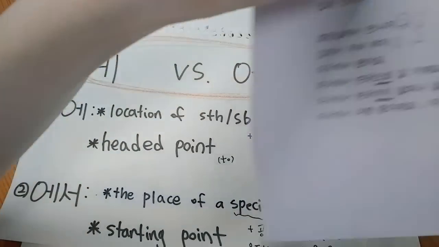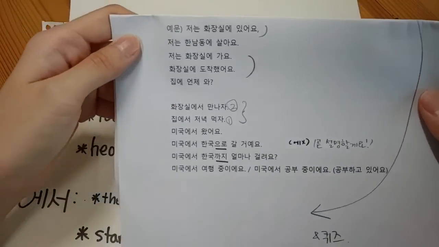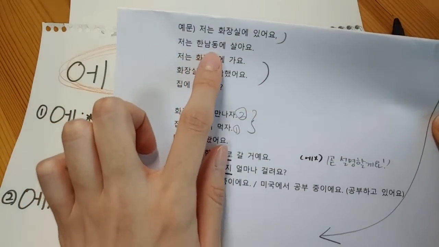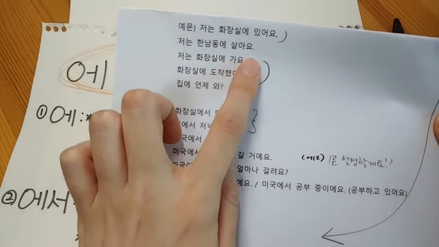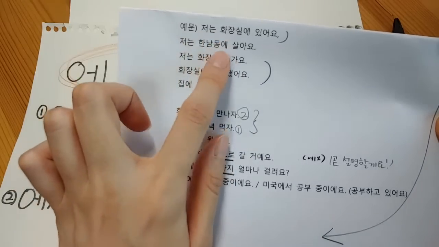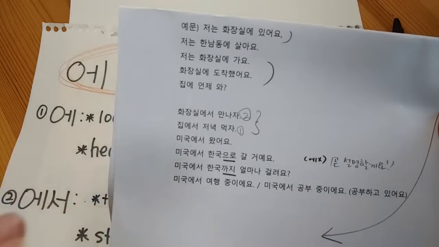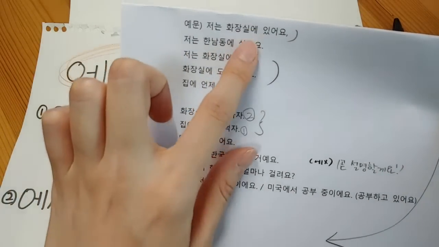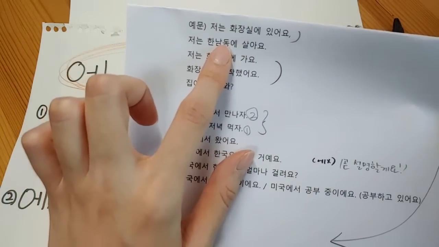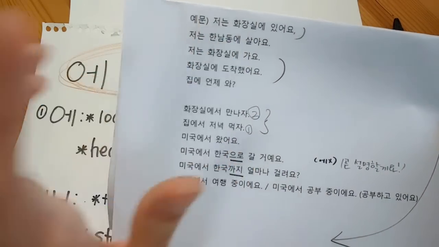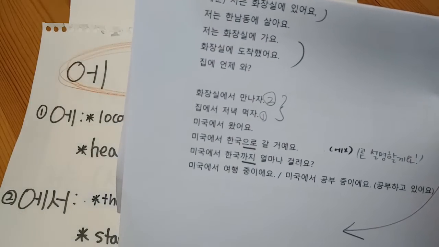So we don't have to go over this once again. 저는 한남동에 살아요. Even if you don't know where the heck 한남동 is, you know that it means the person lives in 한남동. So 한남동 is a name of the town somewhere in Seoul.